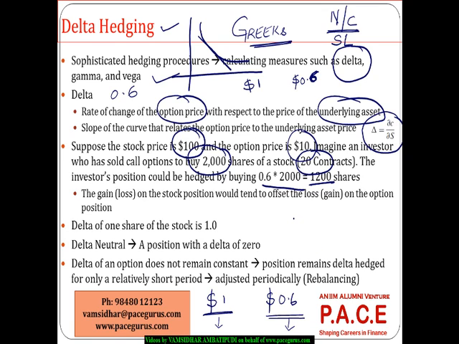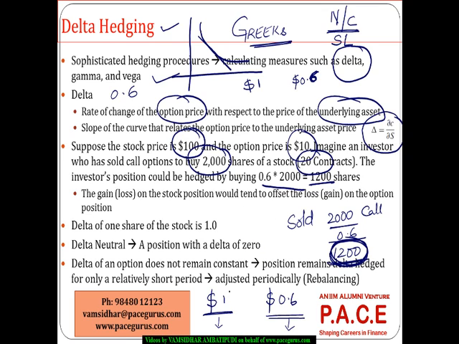Now let's say I have sold 2000 call options. Because I have sold 2000 call options, the delta of it is 0.6 times that, so 1200 is the delta associated with my selling of the calls.